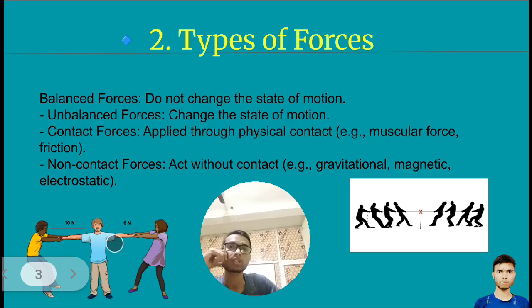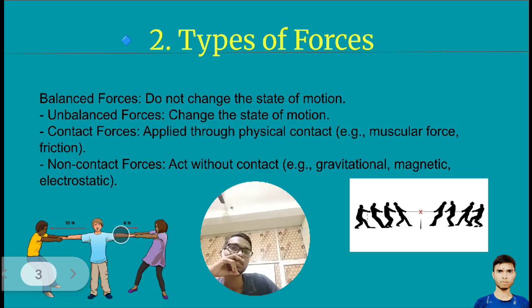So who will come to which side? She will come this side. So here when she comes this side, it means she moved, isn't it? He applied more newtons than she applied.